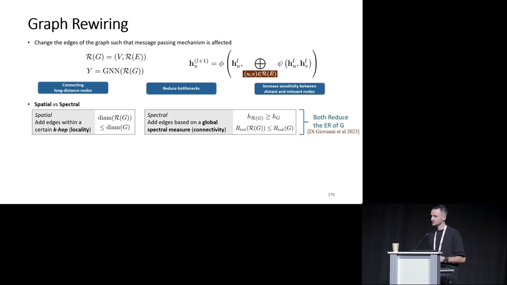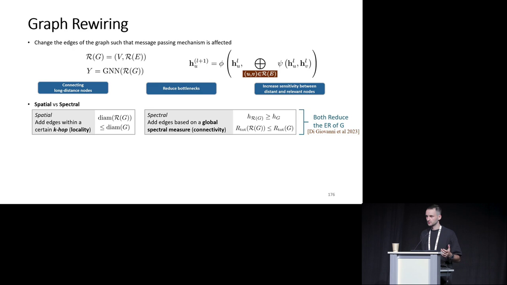It can be spatial or spectral. The idea is that we use different strategies based on different metrics. Spatial takes into account more the local neighborhood, so it takes the k-hops. And spectral is based more on these measures that we commented on about global features.